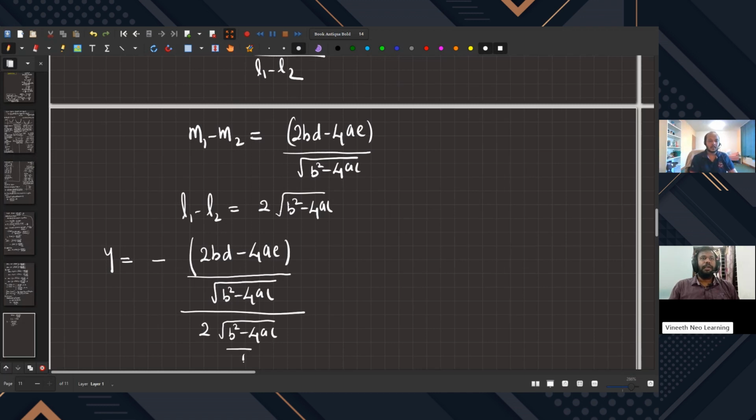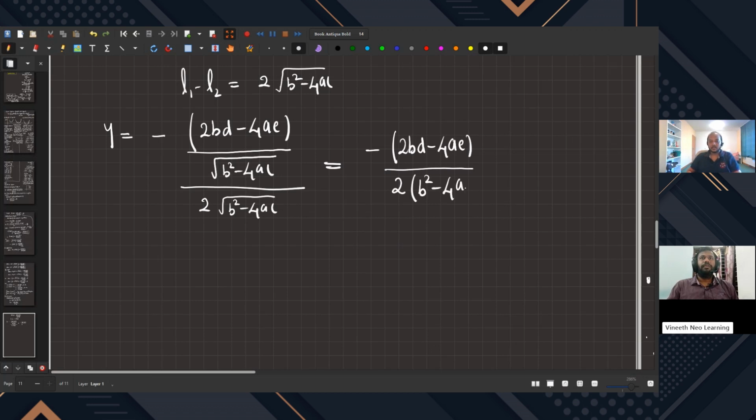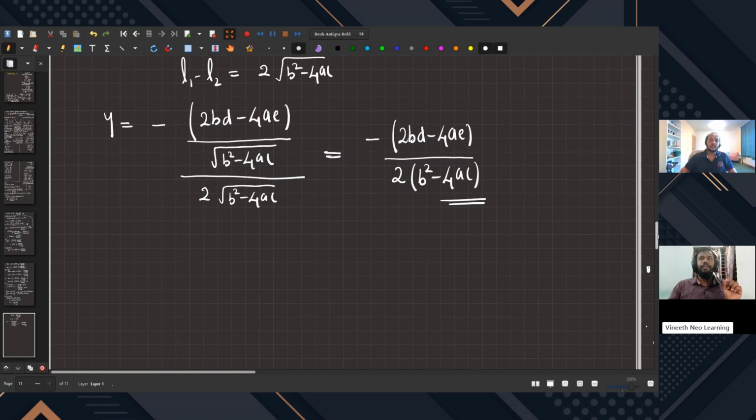When we make it proper, we get minus 2BD minus 4AE over 2 times B square minus 4AC. This is the y coordinate of the point of intersection.